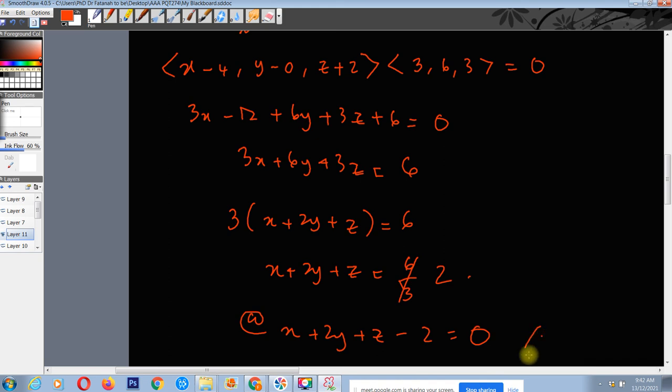So this is another question that maybe you can solve. Question 21: find the equation of the plane that passes through the point and is parallel to the plane.